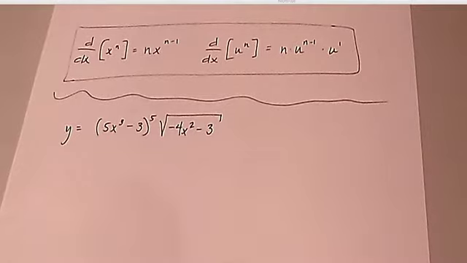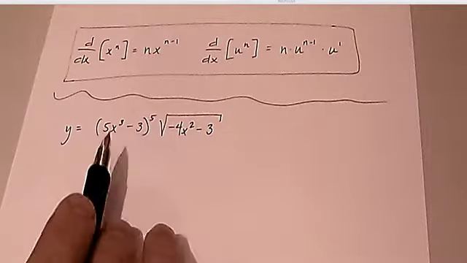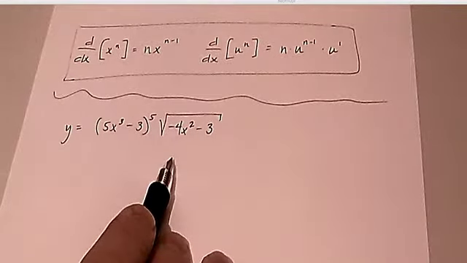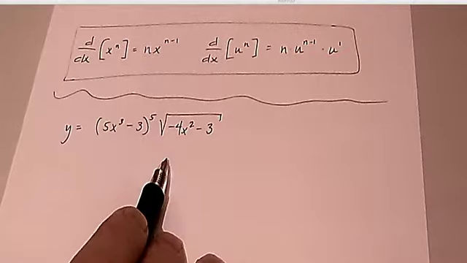Now, with a larger problem like this, the thing you have to figure out is, what is the largest thing that's going on? What is the biggest thing going on? And to answer that question, you run right back to order of operations. In terms of order of operations, what is the last thing that's going to go on here if I were to actually plug a number in for x?